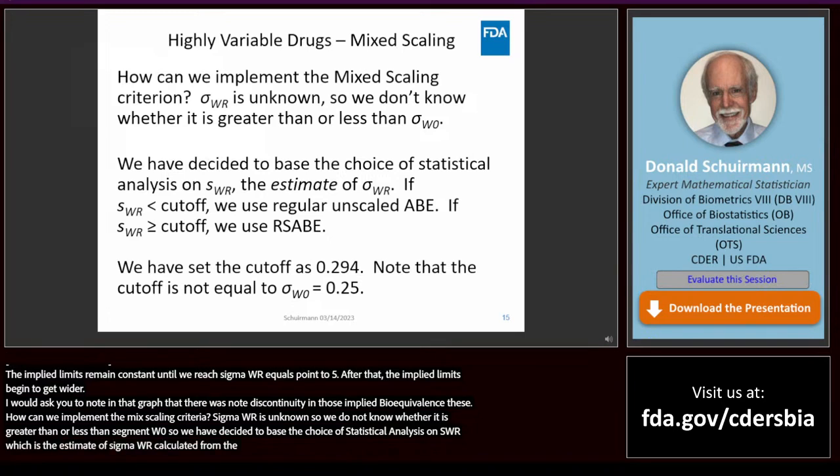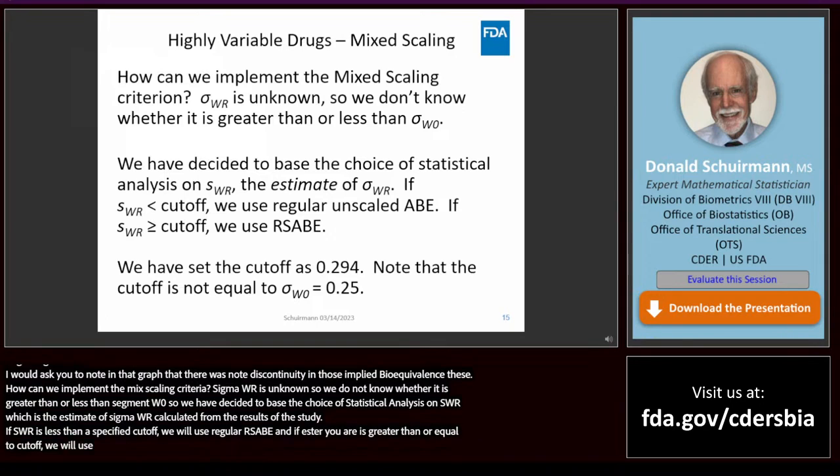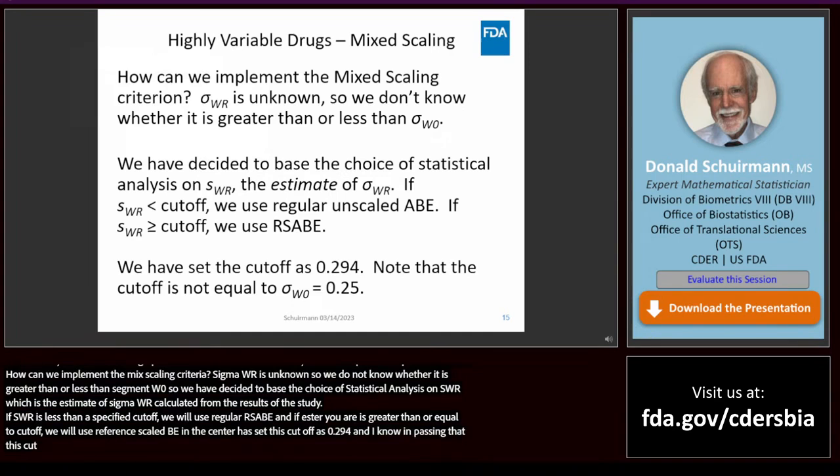If SWR is less than a specified cutoff, we will use regular unscaled average bioequivalence. If SWR is greater than or equal to the cutoff, we will use reference scaled average bioequivalence. And the center has set this cutoff as 0.294, and I note in passing that that cutoff is not equal to sigma W0, which is 0.25.